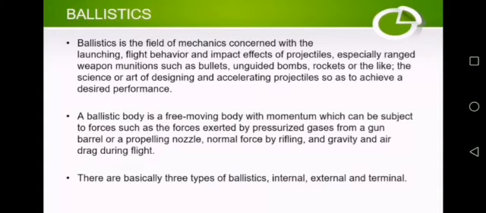Second, a ballistic body is a free-moving body with momentum which can be subject to forces such as the forces exerted by pressurized gases from a gun barrel or a propelling nozzle, normal force by lifting, and gravity and air drag during flight. There are basically three types of ballistics, which are internal, external, and terminal ballistics.